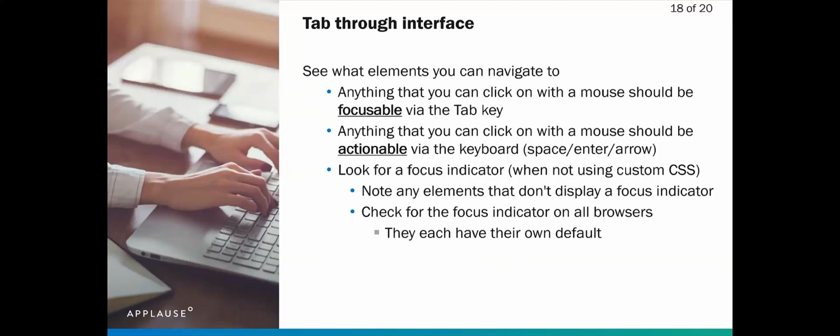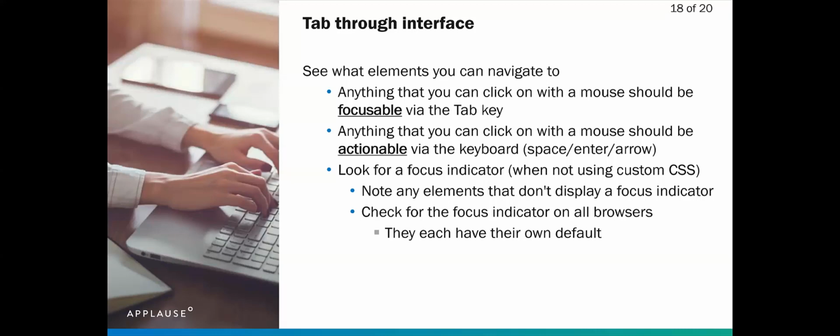One of the requirements, one of the checkpoints in WCAG is to test the focus indicator itself. So when you do that, you want to turn off your custom style sheet because you want to see what the page's focus indicator looks like by itself. And I think that's 2.4.7.